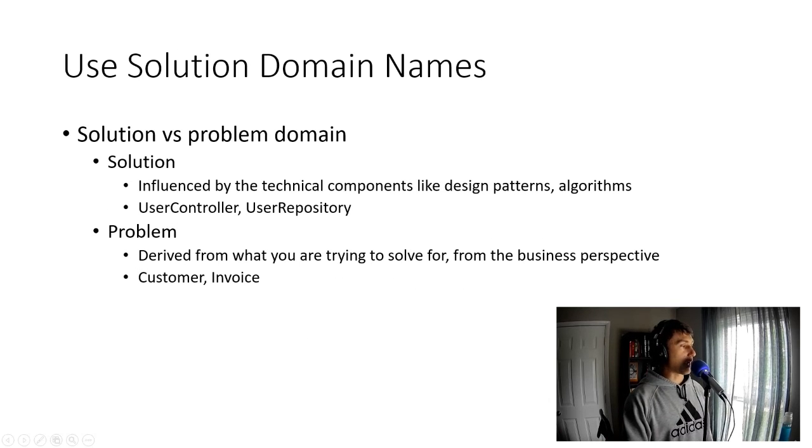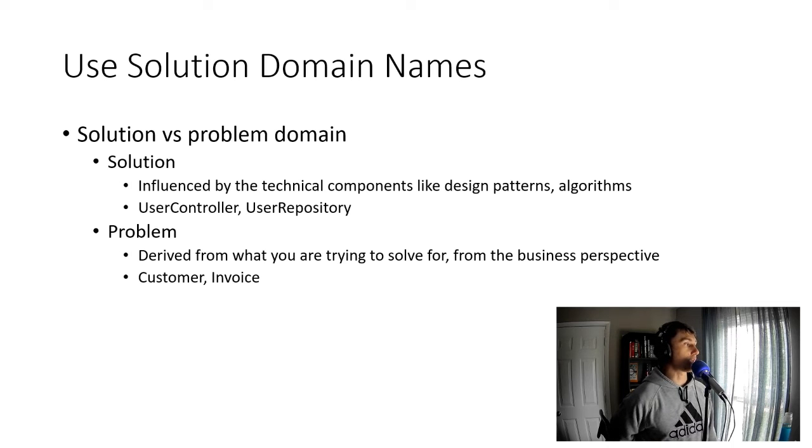Solution versus problem domain. This was an important concept. This is actually maybe the most important concept in this chapter. There are these 2 domains, and Tim says that you want to use names that are within the solution domain.